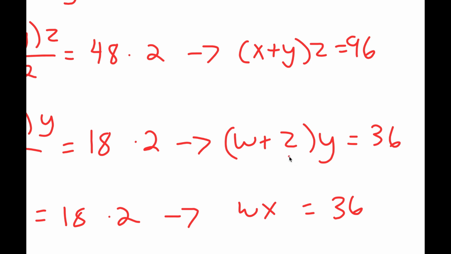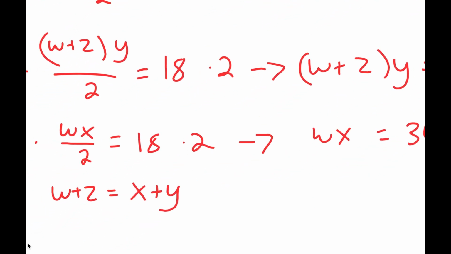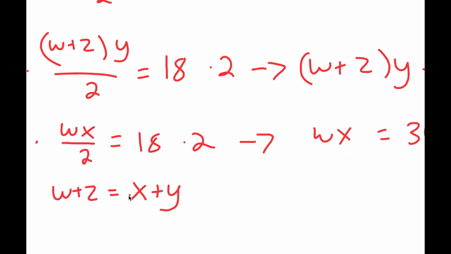So now going back over here, we have w plus z is equal to x plus y. I'm going to subtract z on both sides, so this turns into w is equal to x plus y minus z.